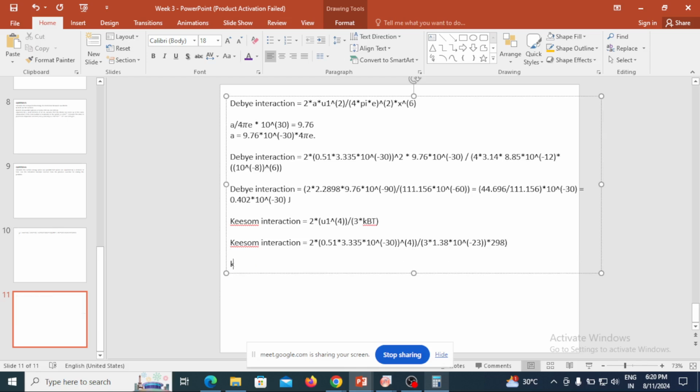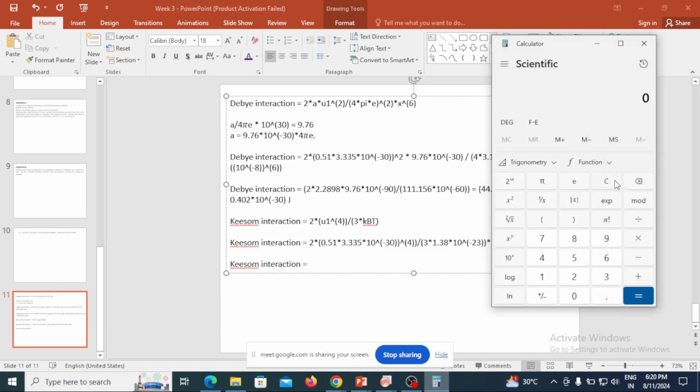So what is the value for this? This calculation is not as big as what we did for Debye, so I think you will be able to tell me. Let's calculate; please calculate together with me and let me know your answer as well. 0.51 times 3.335 times 10 to the power minus 30.